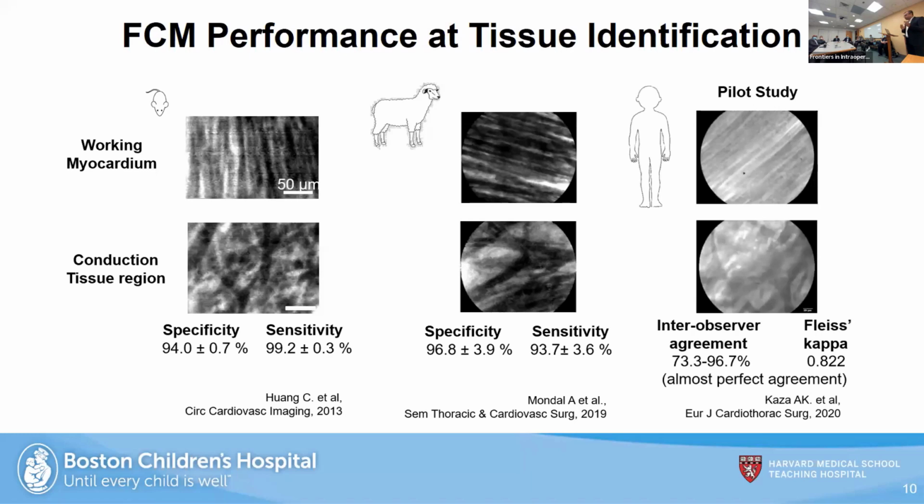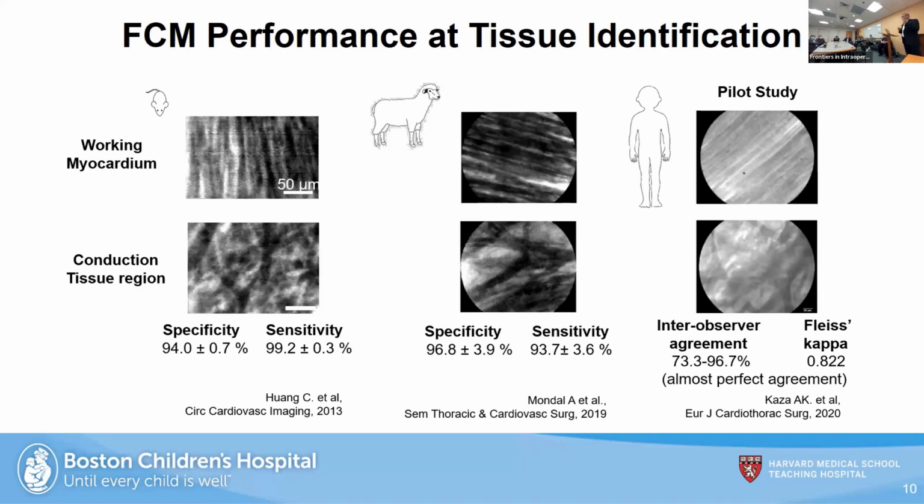But as we move towards the human operating room, we needed to minimize the imaging time and also add a component of reliable classification of the images. So the trained reviewers not just had to identify whether there are microstructural differences, but also whether the image quality is good enough for diagnosing if it's a conduction or a working myocardium.